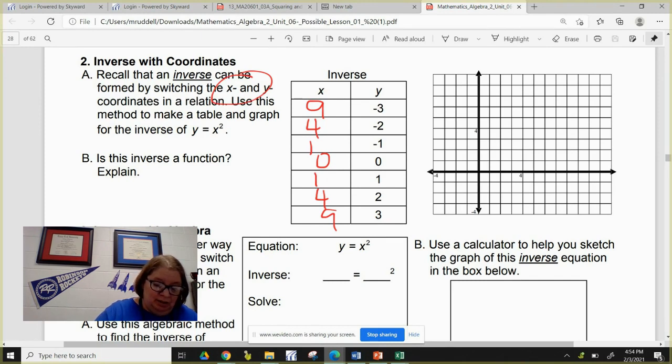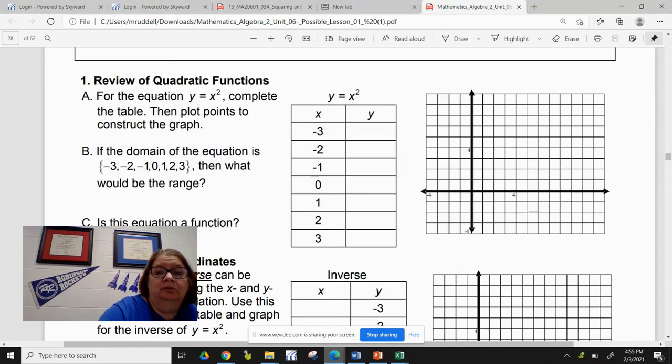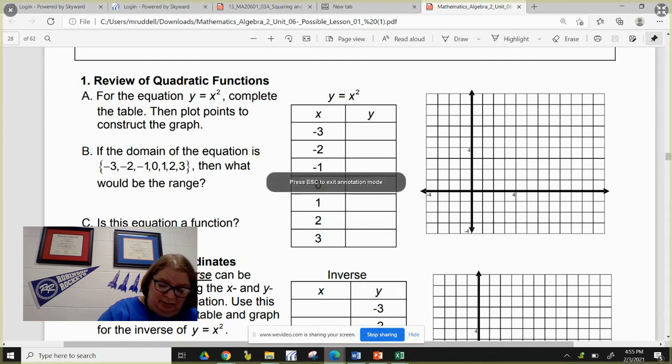Right? Is this inverse a function? Oh, we skipped that question on the first one. When you look back at the first one, this was 9, 4, 1, 0, 1, 4, 9.